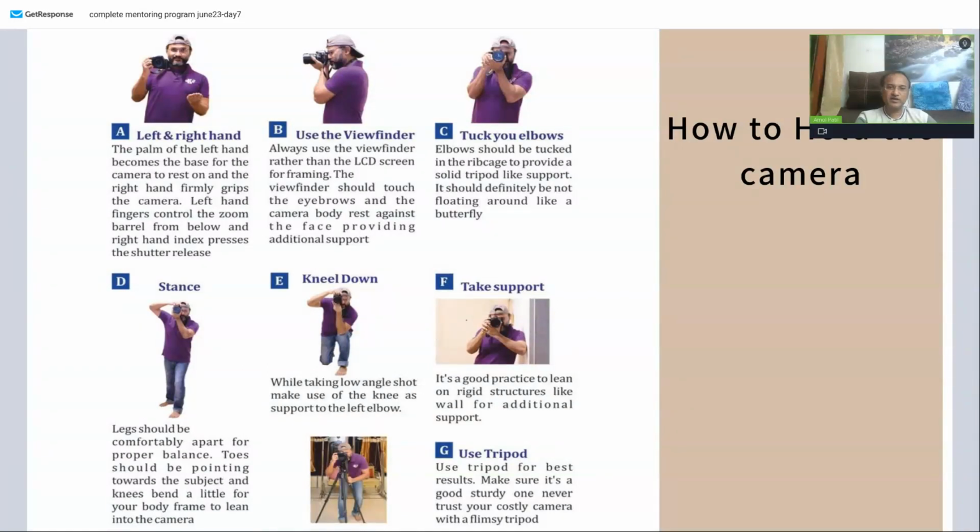Any support is always good. Best is you should use a tripod, but then you cannot carry your tripod always. So the technique is this, but whenever possible, make use of a tripod for best results.